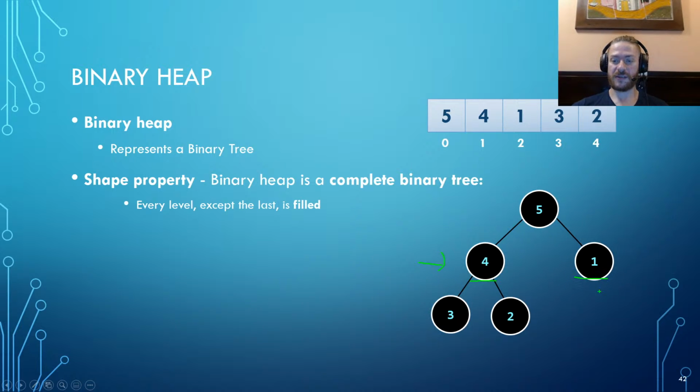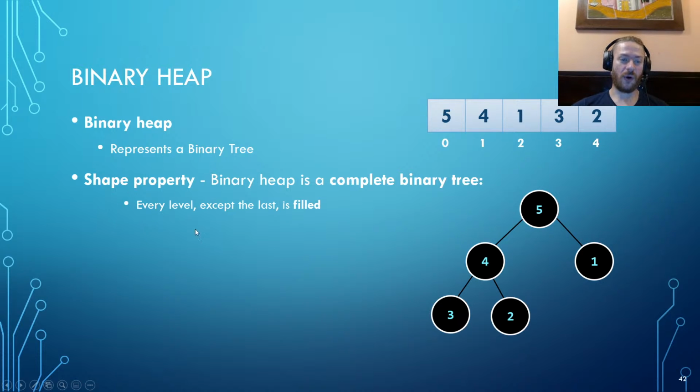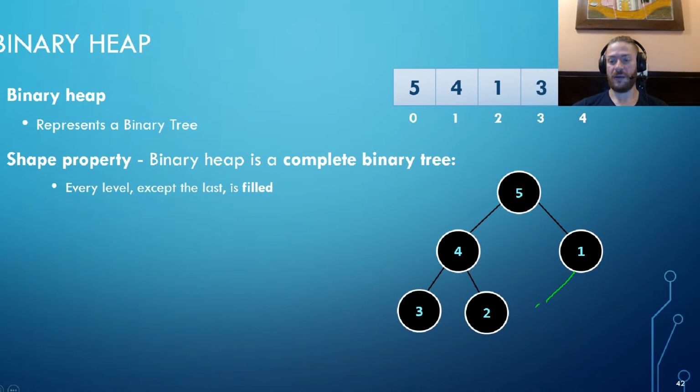Yep, it has all the children. Is level 4 filled? Well, I have 2 children here, but I can add 1 node here and 1 node here. Then I can add here, then here, and so on. So I add them one by one on the level. So every level on a heap is filled except the last one. The last one may not be filled.